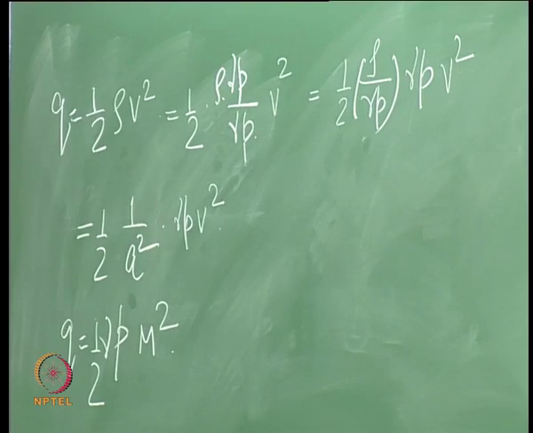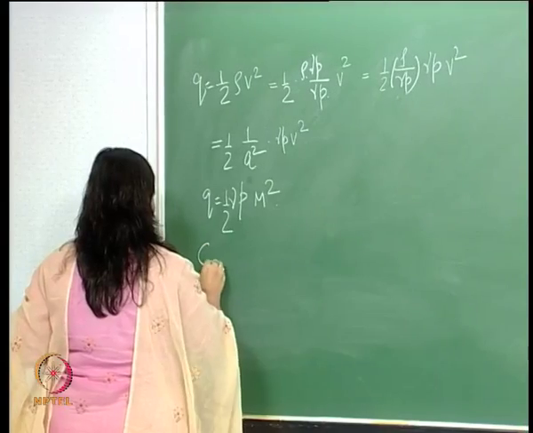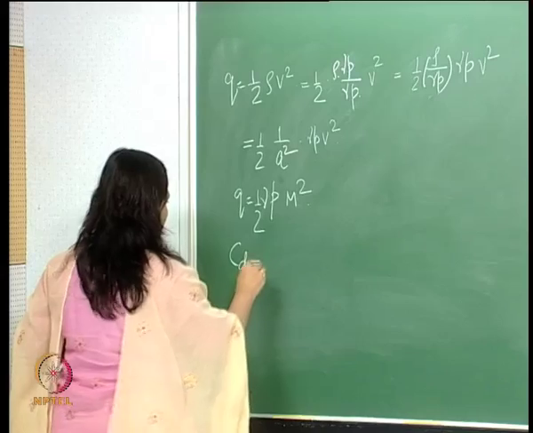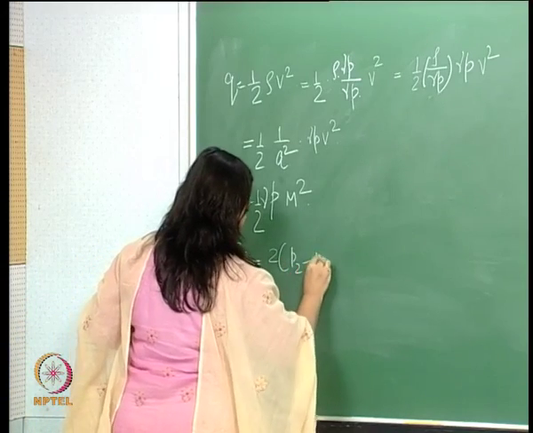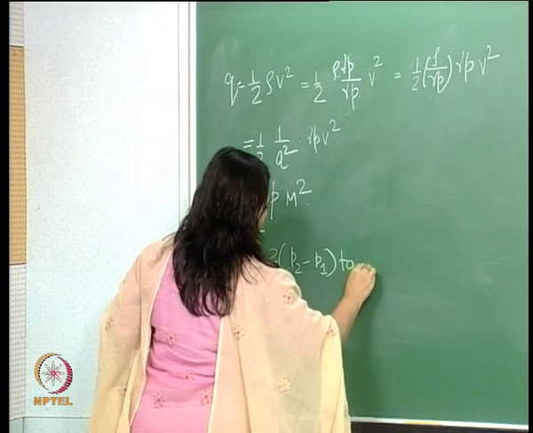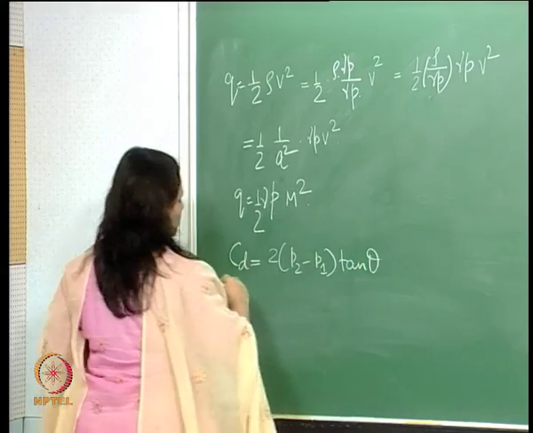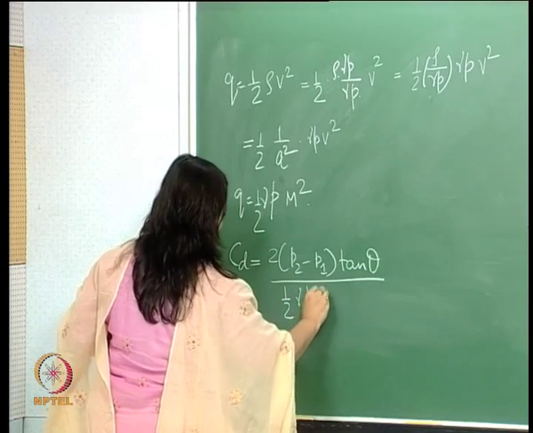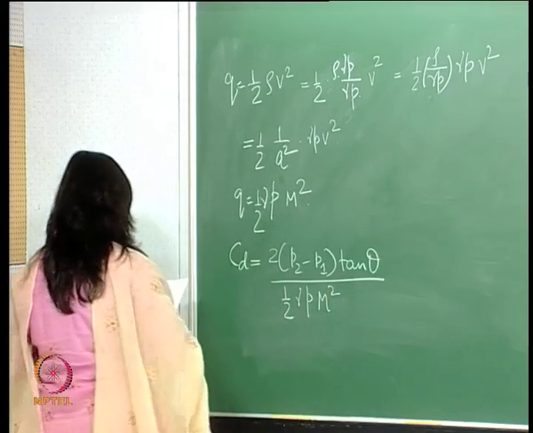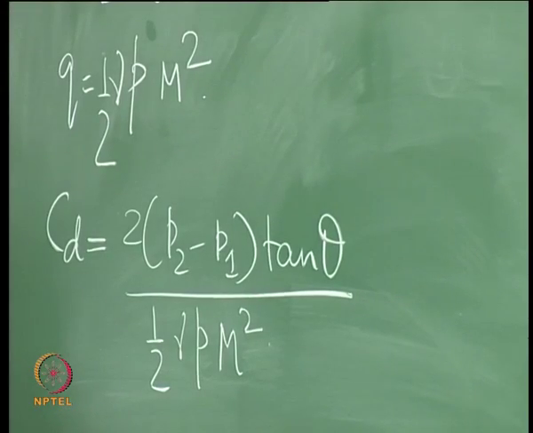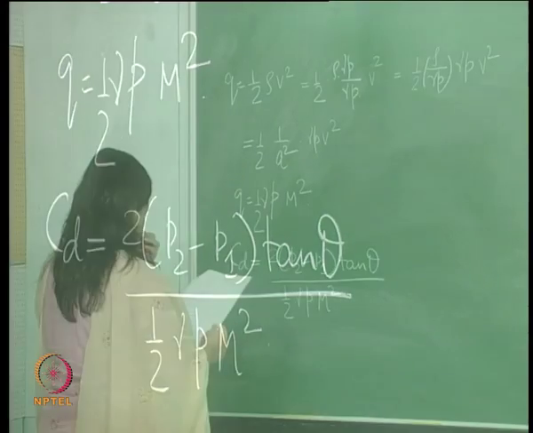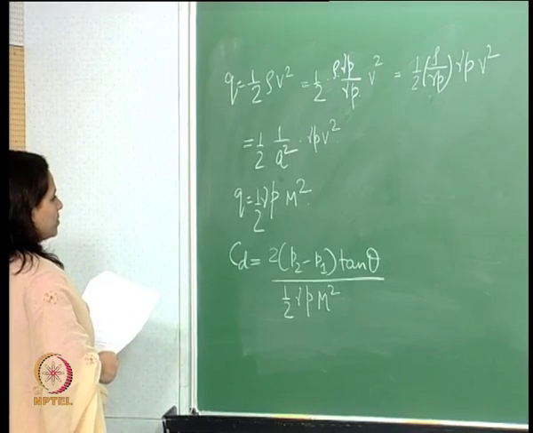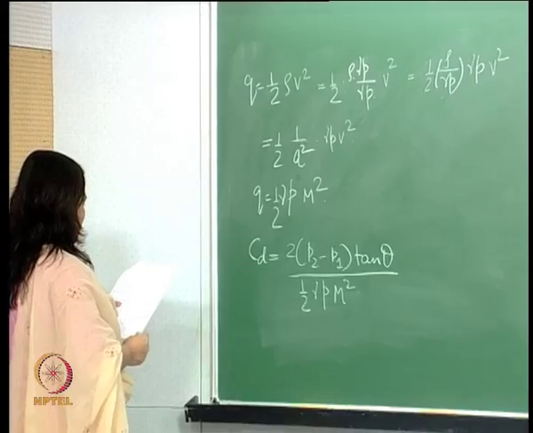So therefore I will write my CD as basically 2 into (P2 minus P1) by Q. So in this particular case, this is my Q over here.